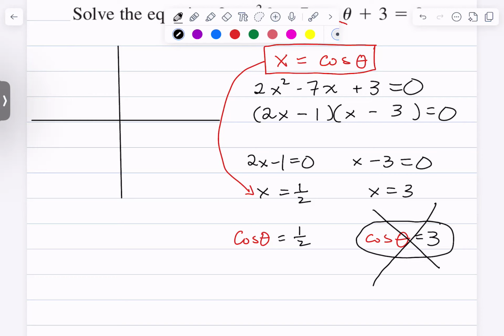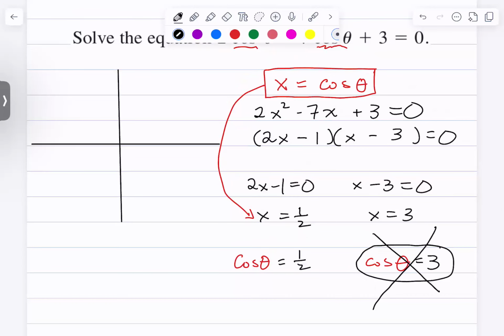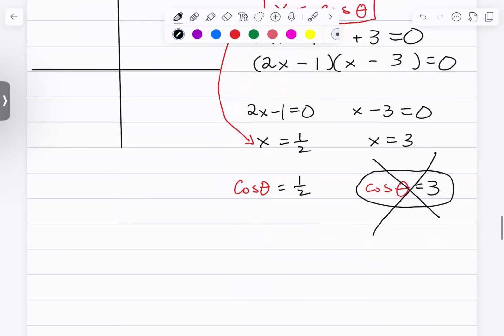So cosine will always go between -1 and 1. It'll never be greater than 1 or less than -1. Does that make sense? So that's why cosine of theta equals 3 does not work. Because it does not fit our range of what cosine can be. Okay, so cosine of theta equals 1/2, you guys can figure that out, right?